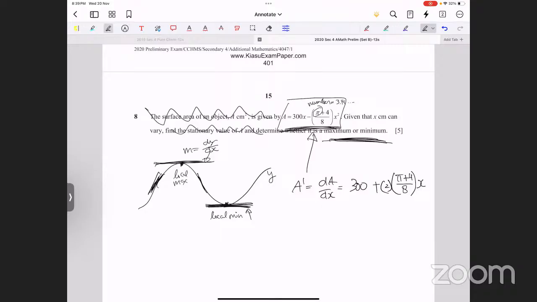But he is very specific in trying to find the stationary value of A, which is the maximum or minimum. Is there any clue in all this? At the maximum or minimum point, the gradient is 0. And is that something we can apply right now? Yeah. Okay, and so what do we do?